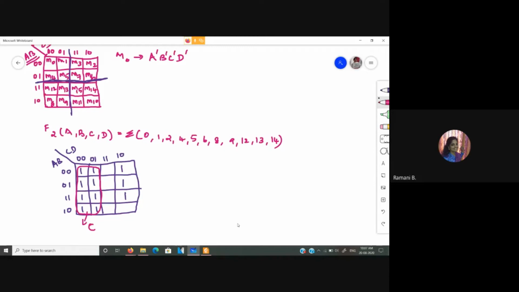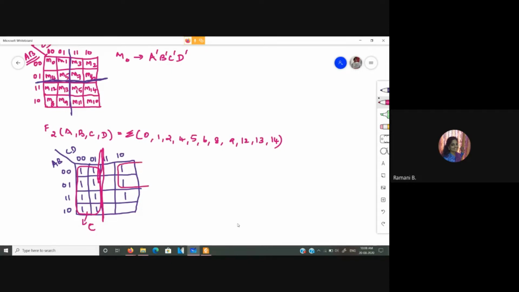Next, coming to these 3 ones. So I was mentioning yesterday, you cannot group the 3 ones like this even though they are adjacent as we see it, because with respect to the expression, they will not be adjacent. So we need to always go for grouping in powers of 2. So here, if I am folding the map, I can have these 2 ones.